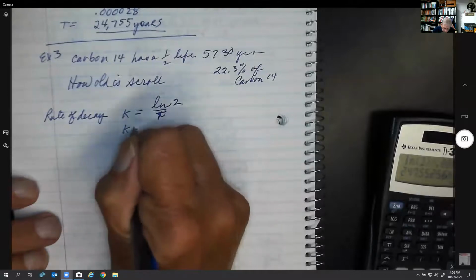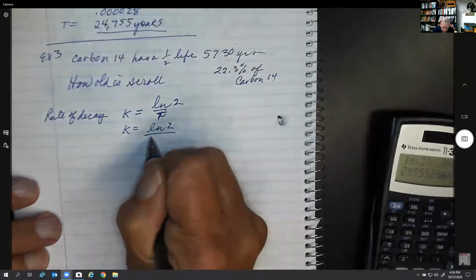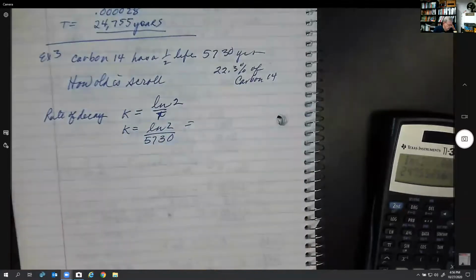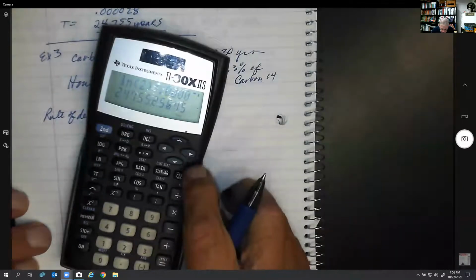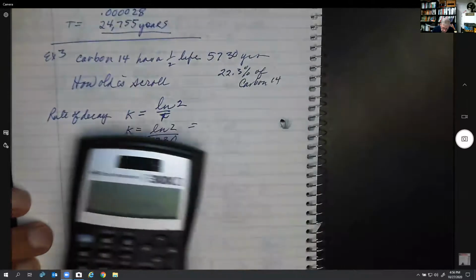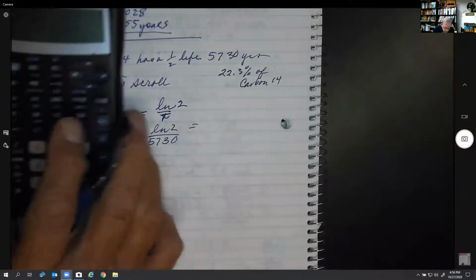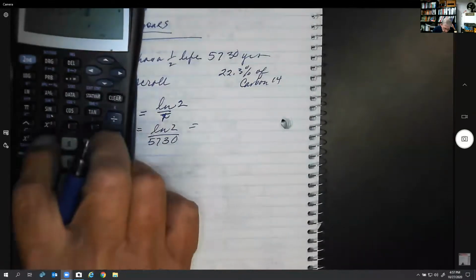So K equals ln2 divided by 5,730. And this will give us our rate of decay. So let's see where that comes out to be. Our rate of decay is ln2 divided by 5,730.